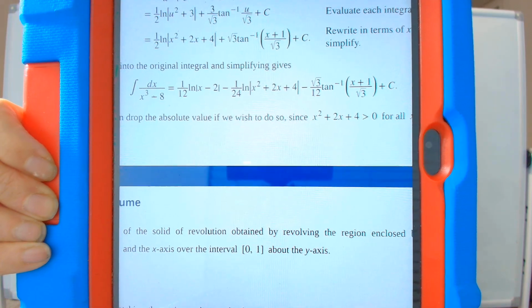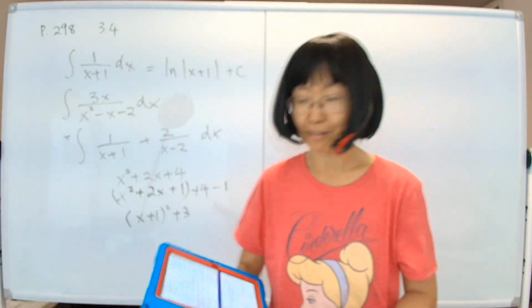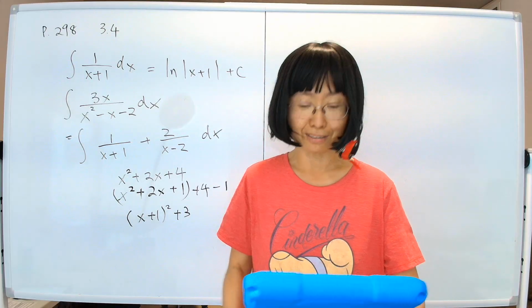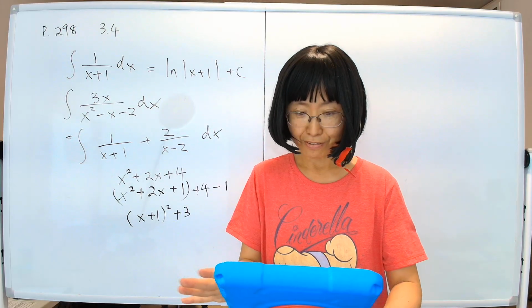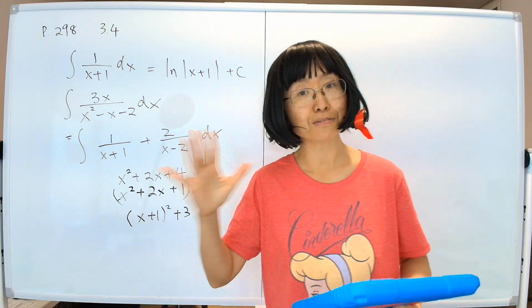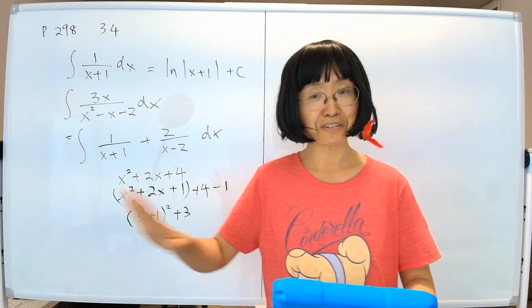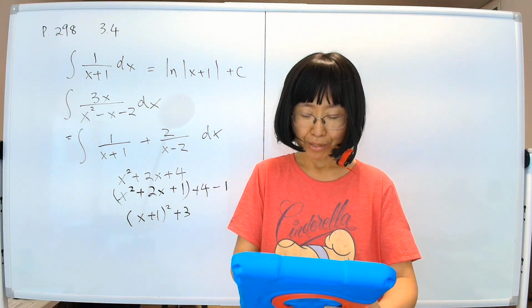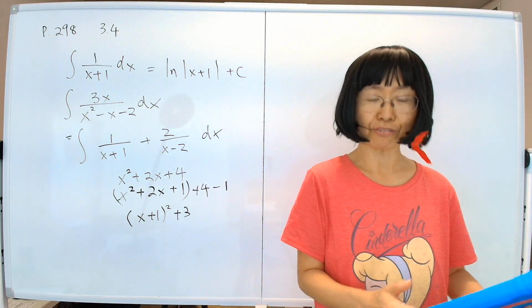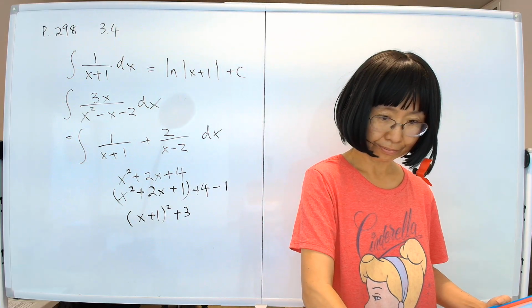You have not done that many problems with such long answers, but we need to start getting used to that. Some of the answers are going to be quite long even if the problem is fairly short, but that's okay. You just patiently go through one after the other until the whole thing is done. So please make sure you redo example 3.34 as part of your homework.